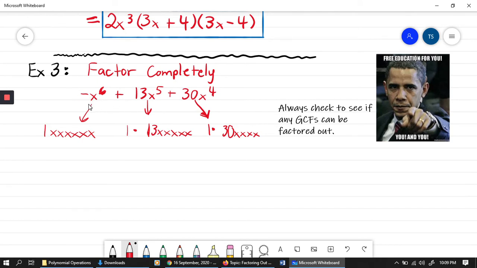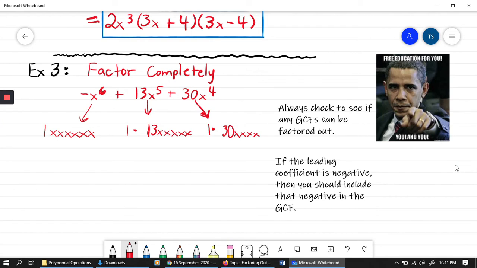When you have a negative number as the leading term, you definitely want to include that negative as part of your GCF. So again, guys, since that leading coefficient is negative, we are going to include that negative in our GCF.